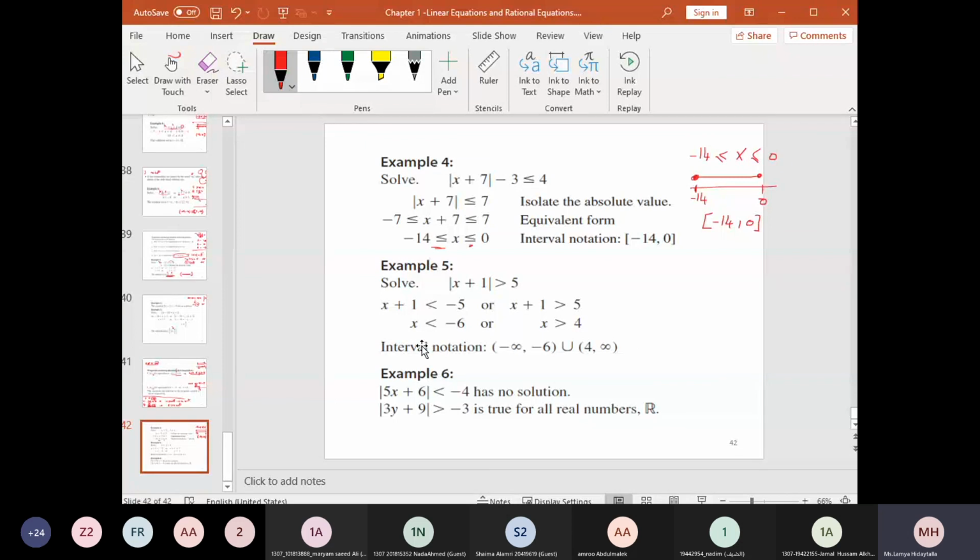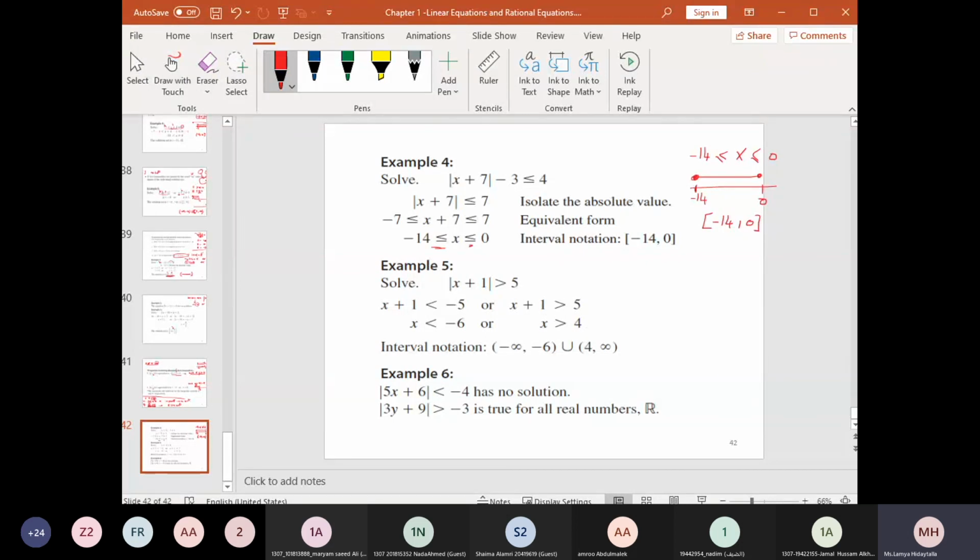So it will be either x plus 1 greater than 5, the same sign for the positive, or we flip the sign and put the minus: x plus 1 less than minus 5. So I solved this side and that side as we did before. It gives me x less than minus 6 or x greater than 4.